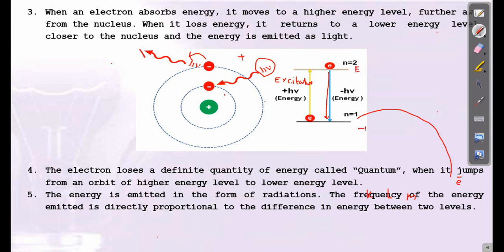According to quantum theory, energy can be emitted in the form of energy packets, and an energy packet is known as quantum, also called photon in case of light. So the electron loses a definite quantity of energy called photon when it jumps from an orbit of higher energy level to a lower energy level. The emitted photon's energy is fixed.